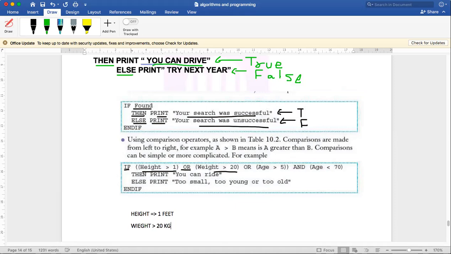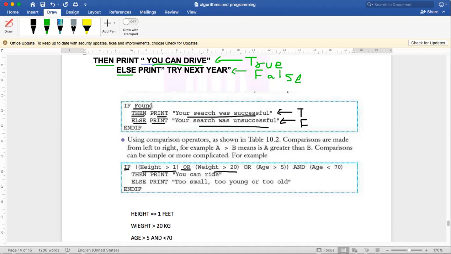Or, the third thing, age greater than 5 and age lesser than 70.